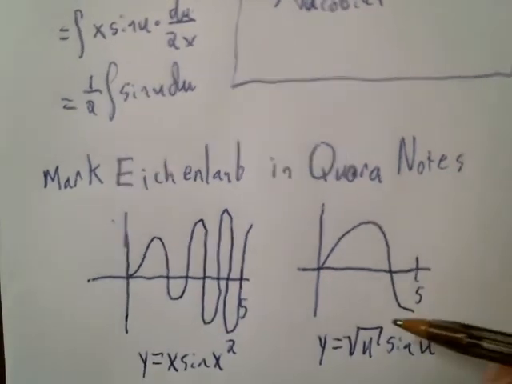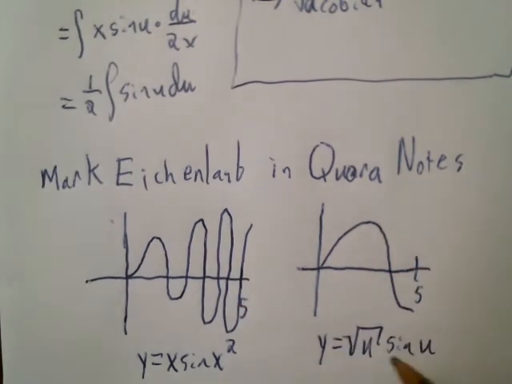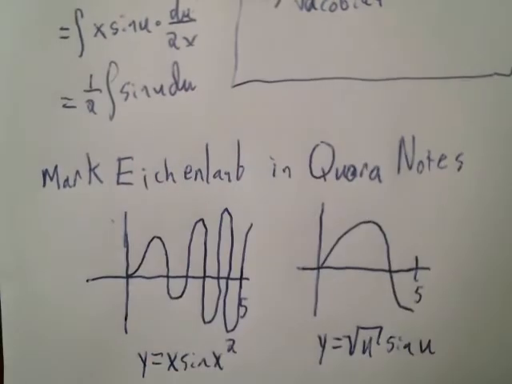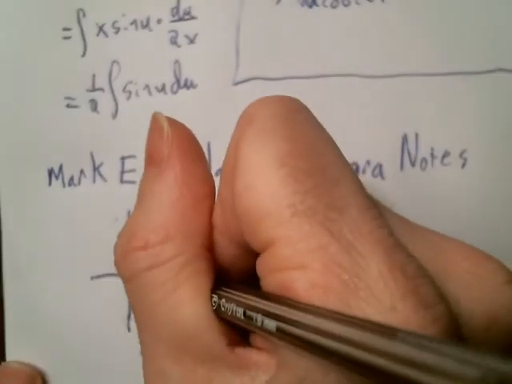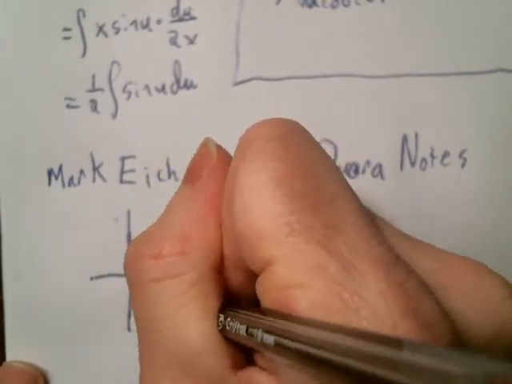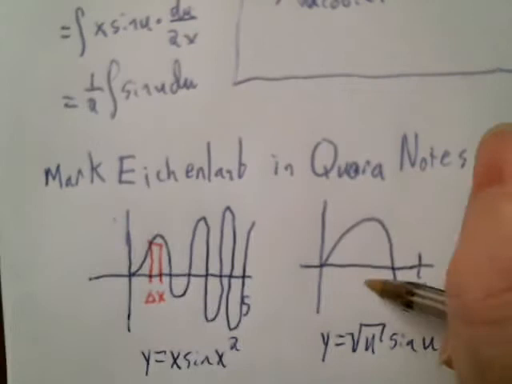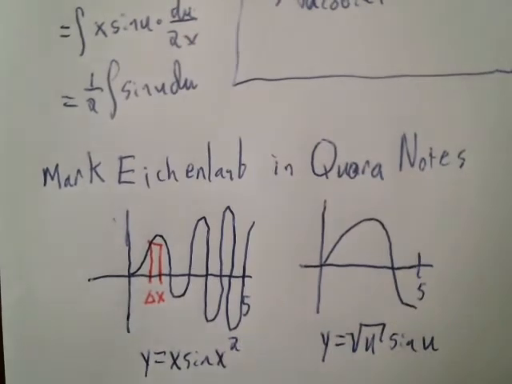So what Mark Eichenlaub is kind of saying, and I'm not 100% on this, but the way it seems to me is you're comparing the dx or the delta x over here and the rectangle over top of it to the du over here.